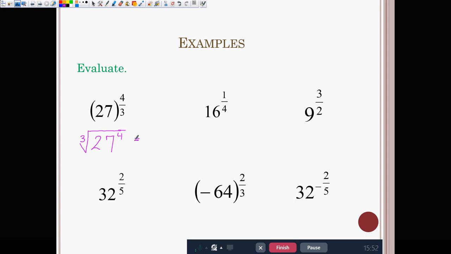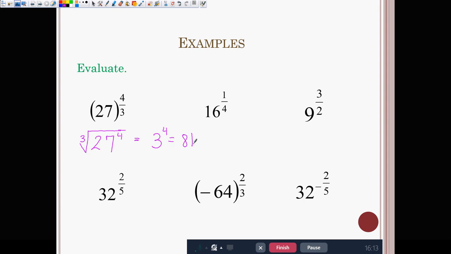What do we get? 3. So then I'm going to have 3 to the 4th power. So then we can take that, keep that answer, then hit y-axis without the second, and then hit 4, and then hit the equal sign. And what do we get? 81.